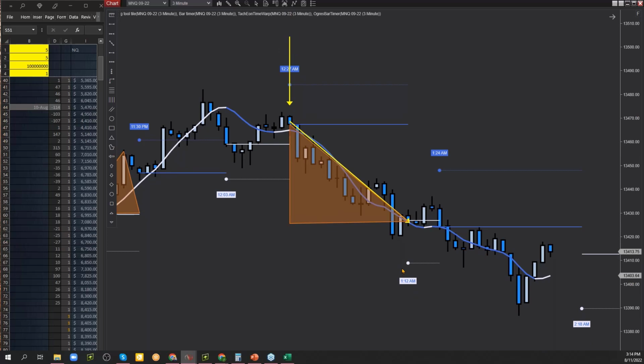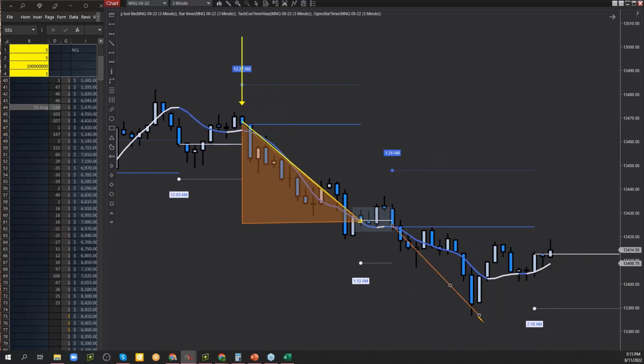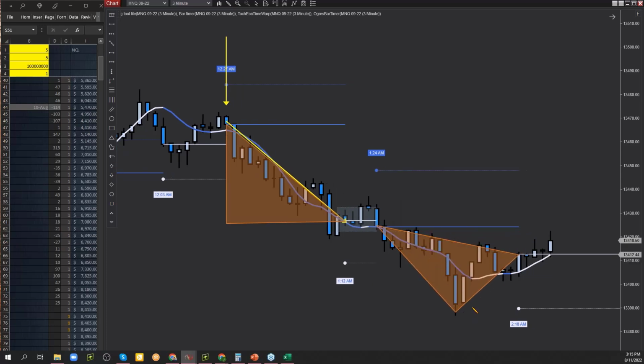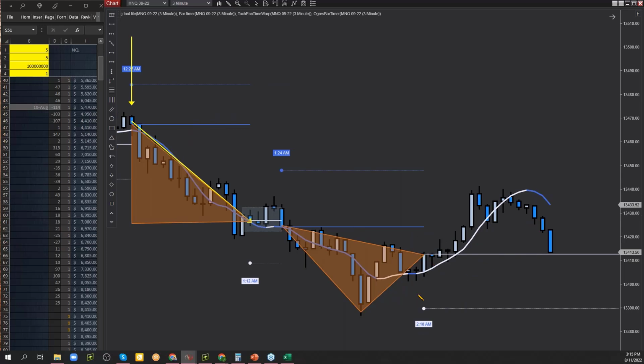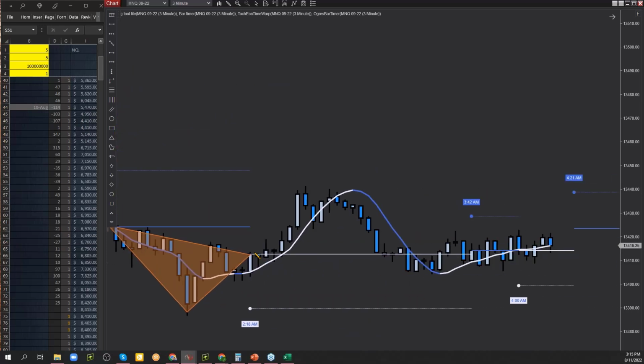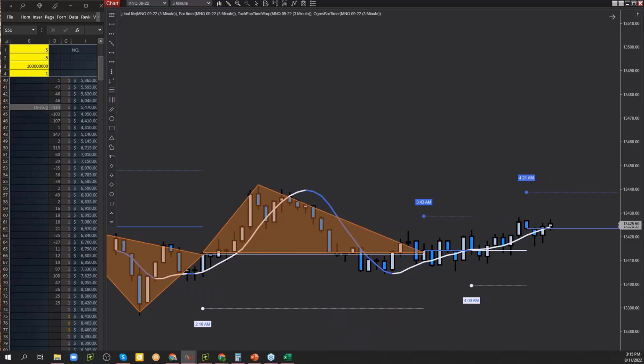Look at this 112, this massive push down right at 12:27 a.m. Then at 112, we consolidate. A lot of times when you're downtrending and you get a white dot, you'll consolidate for a second and then continue at the blue dot, all the way down to this little V bottom. And then right on cue at 218, we move up.